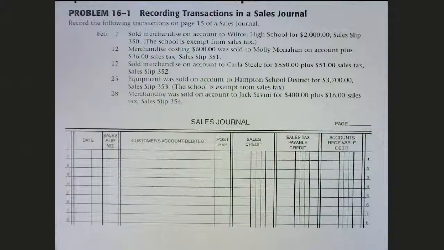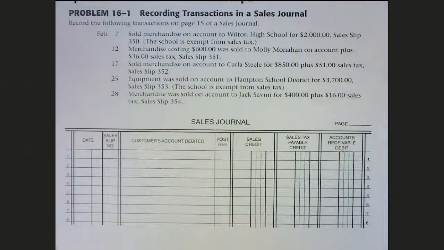In a merchandising business, recording those sales transactions in the general journal is kind of like doing it the long way, right? Every transaction has basically the same accounts being used, and in most cases these transactions are one of two things. It's either going to be a sale on account or a sale using cash.